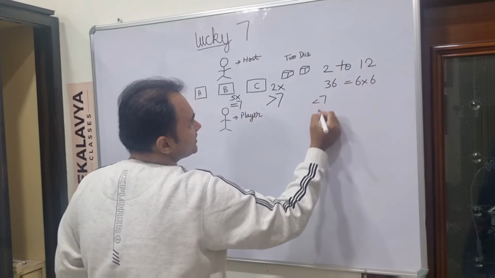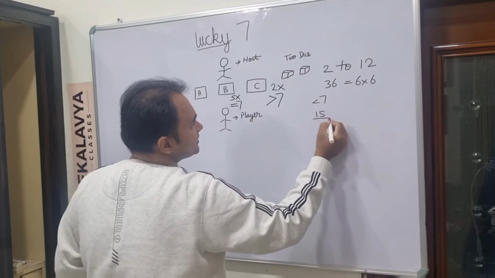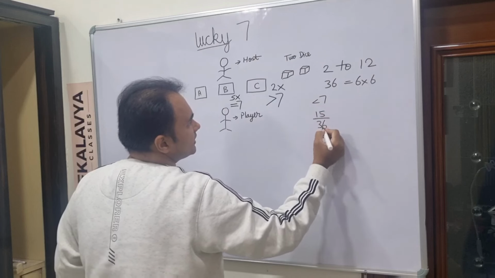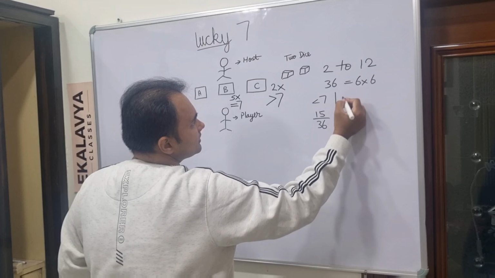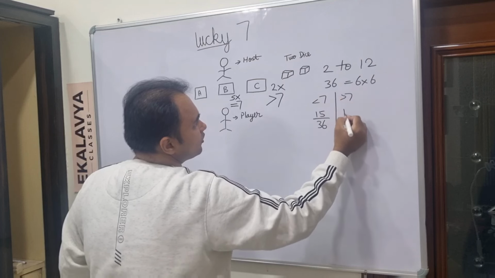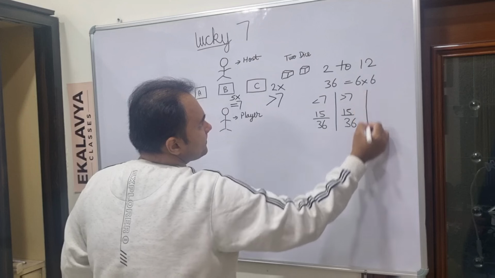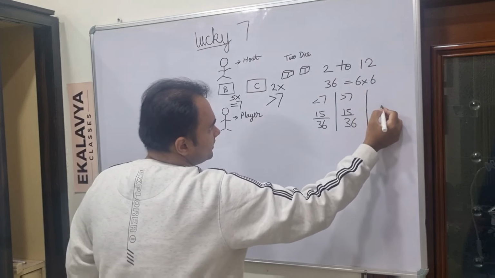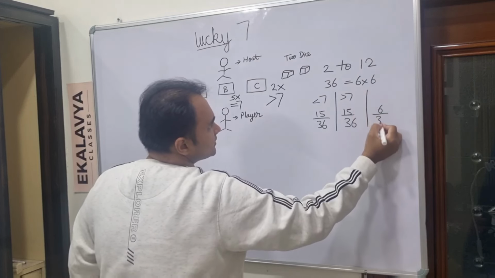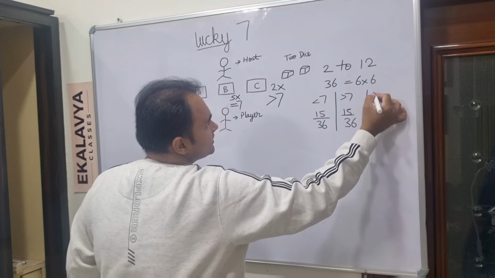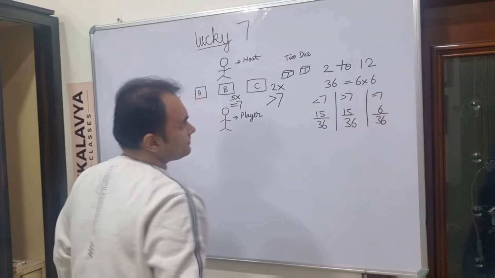Out of these 36 configurations, in 15 the value is less than 7, in 15 the value is greater than 7, and in 6 the value is equal to 7.